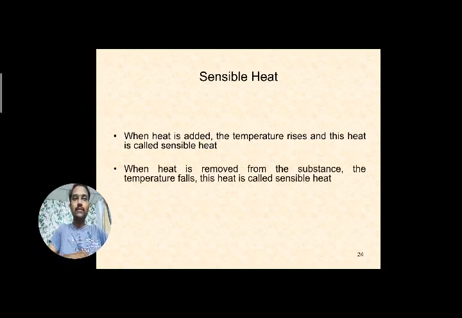Similarly, when heat is removed from a substance, the temperature falls, and this heat is also considered sensible heat. Remember that no change in phase takes place. Only the temperature increases and decreases as heat is added and removed.